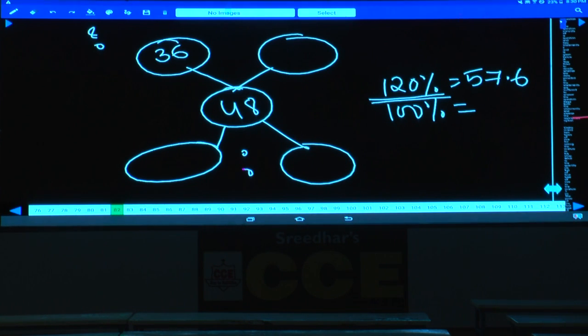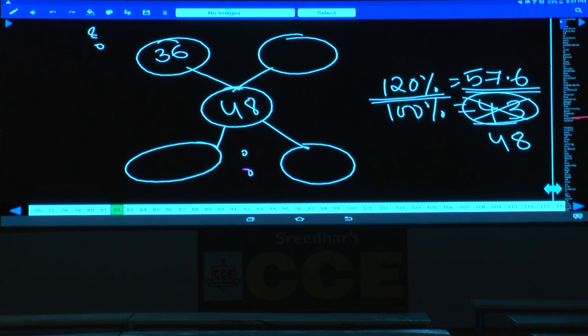So the last digit may be either 3 or 8. Now if 120% is in the 50s, 100% should be in the 40s. It may end with 3 or 8. If it is 43, what is 10%? 4.3. 20%? 8.6. 43 plus 8.6, will that be equal to 57.6? No. Hence 48 is the right answer.